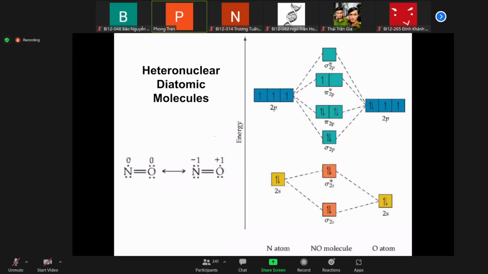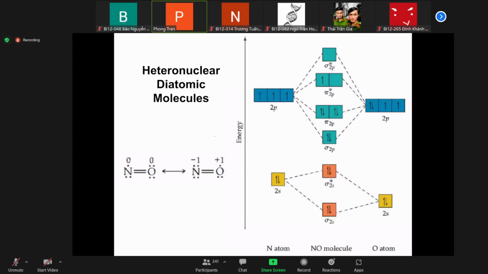You keep the same molecular orbital diagram as O2, but you put in 2 different energy levels for nitrogen and oxygen, given that oxygen has a lower energy level because it attracts electrons, so it gets lower energy.